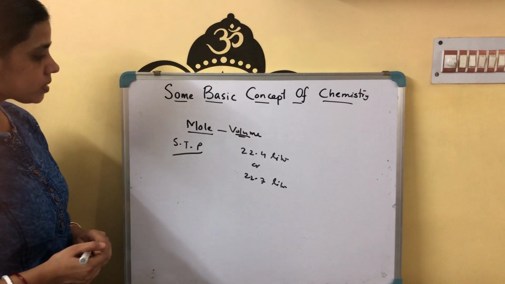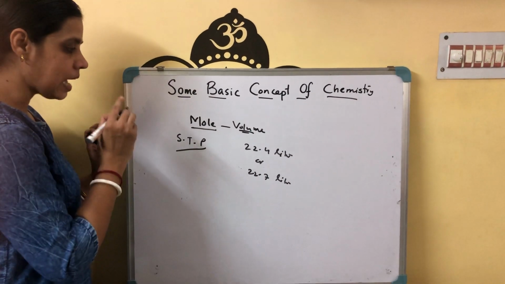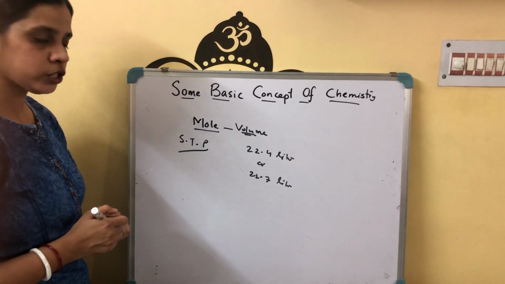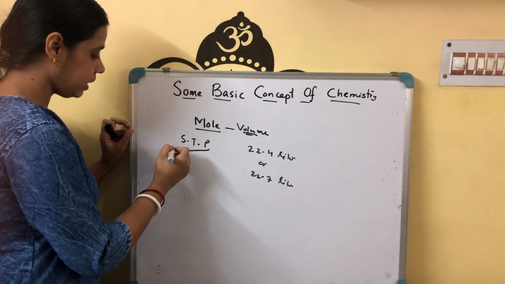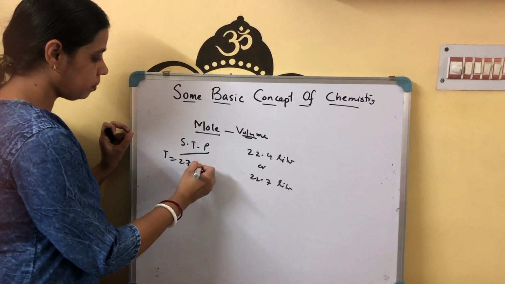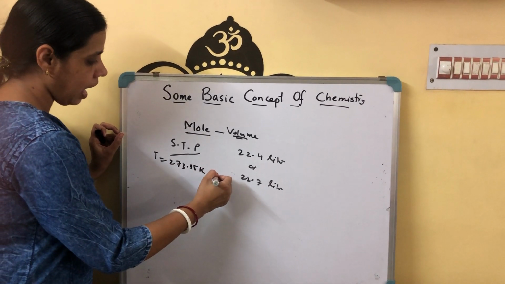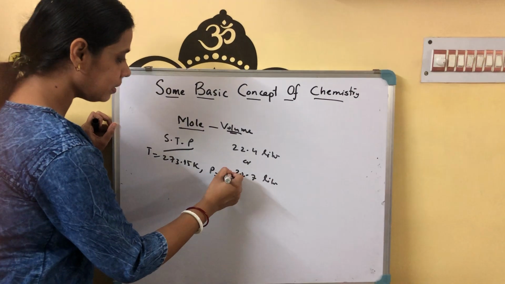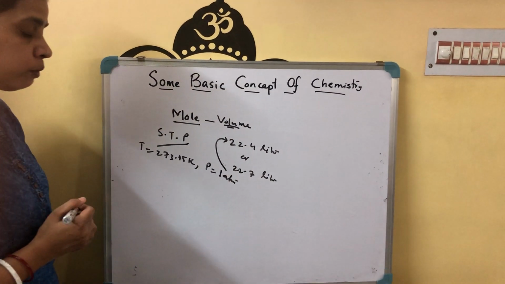Why this difference? STP means standard temperature and pressure. When the temperature is 273.15 Kelvin and the pressure is 1 atmosphere, you get 22.4 liter.